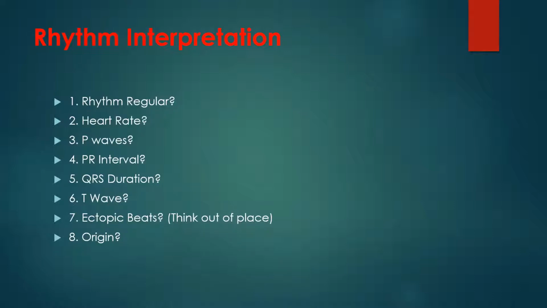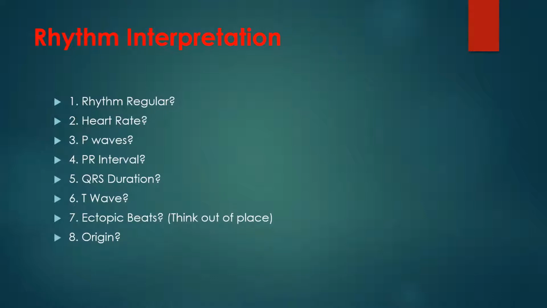Your T wave is a very good indicator of electrolyte imbalances. So patients that might have hypernatremia, so high sodium, high potassium, or hyperkalemia, and even hypocalcemia or hypercalcemia. So T waves really give us a good look at how our electrolytes are doing.